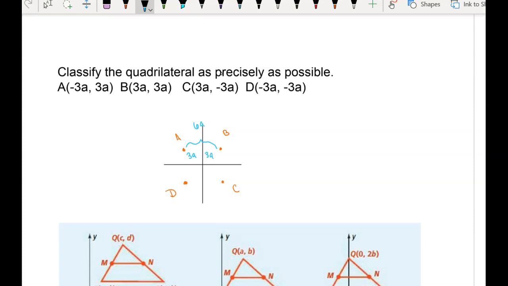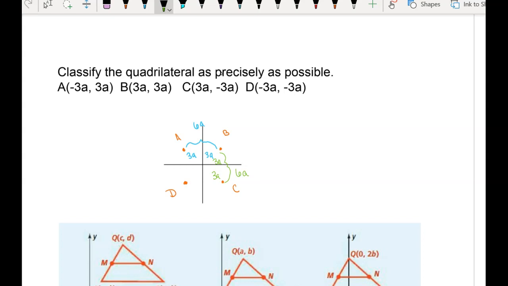So we're going to do the same with these. So from B to the x-axis is 3 units, well actually 3a units. C to the x-axis is going to be 3a units. So that is going to be 6a as well.